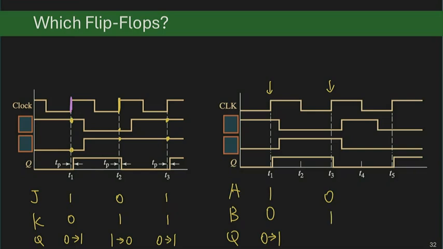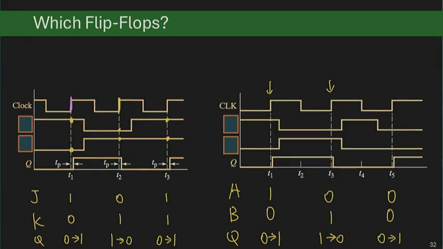B is a 1. Q goes 1 to 0. Yep. What about the third? Someone give me the third. Q goes from 0 to 1.